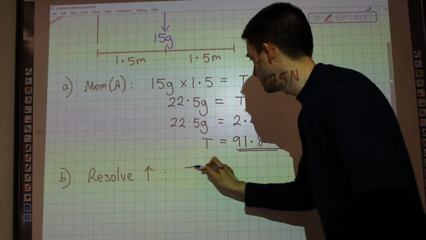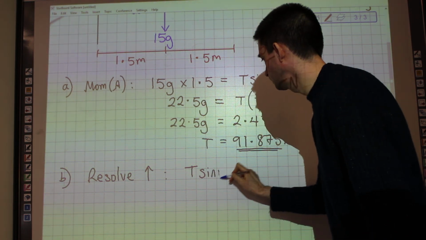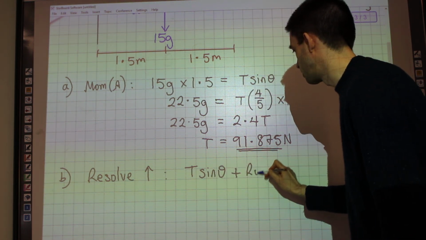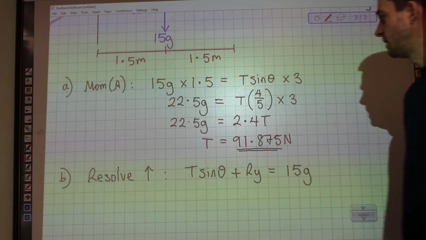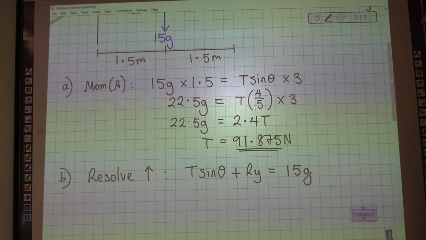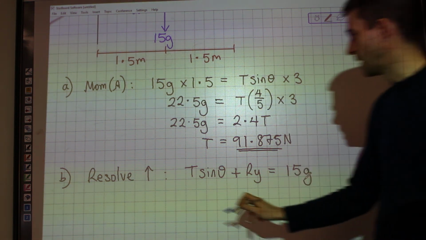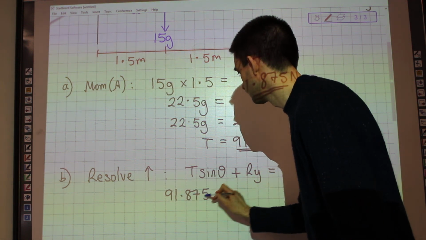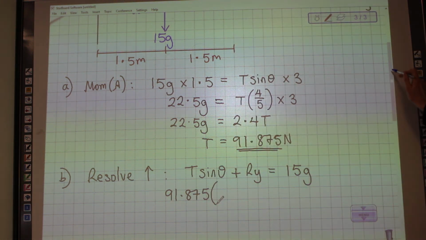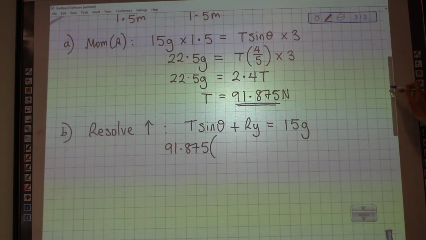So T sine theta plus the reaction at Y is equal to 15g. Now, I've just worked out that T is 91.875. I know from my triangle earlier on that sine theta is 4/5.